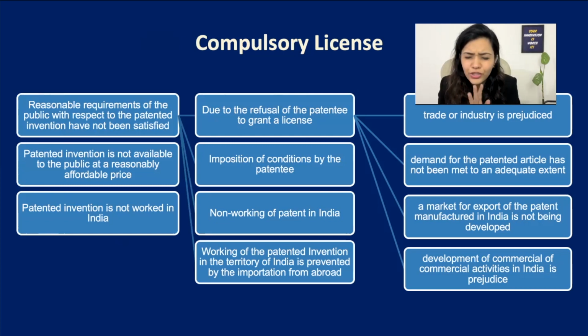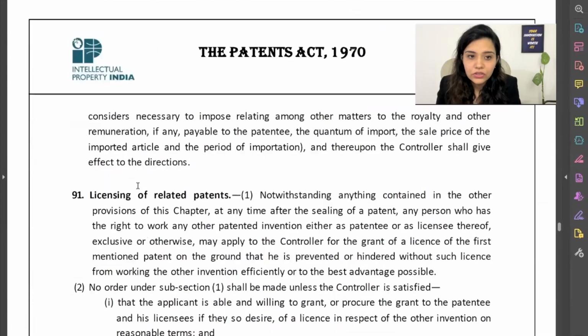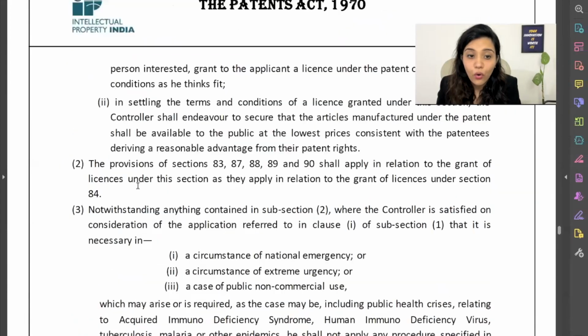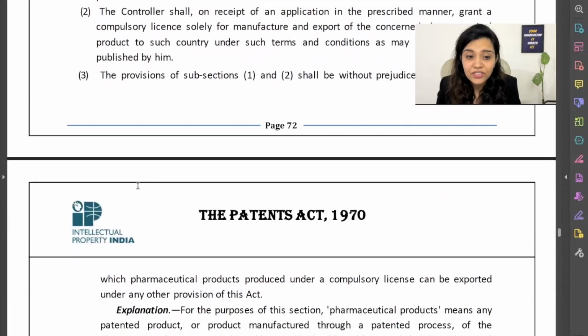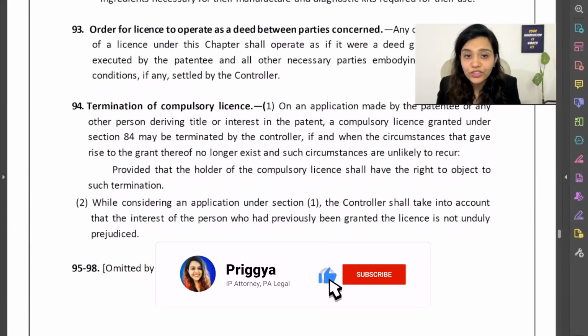You should absolutely remember these by heart, because at least one question will come from this section. So I think this was all for which explanation was required. But again, you'll have to read these provisions yourself.